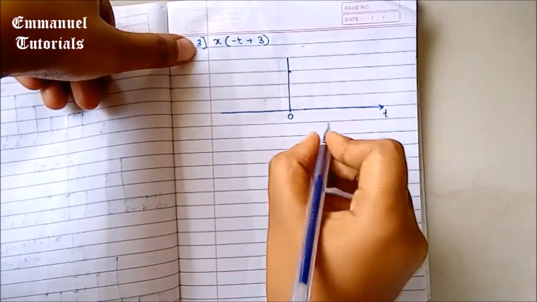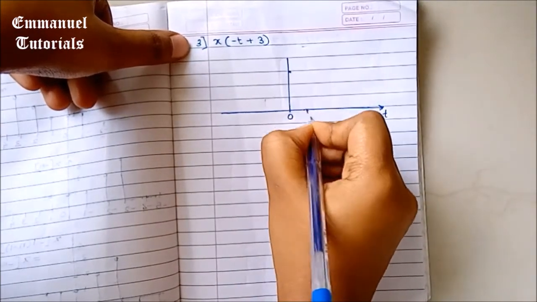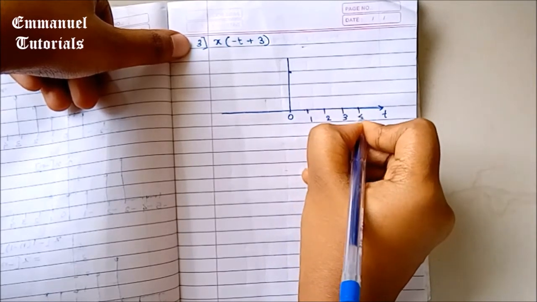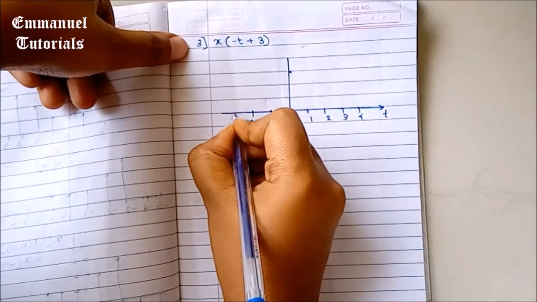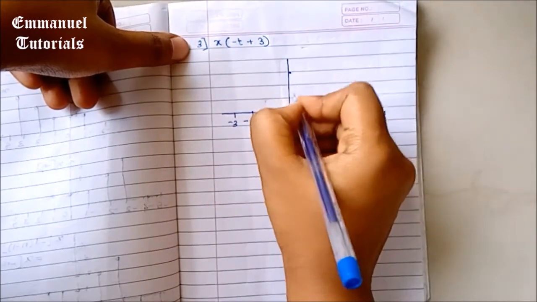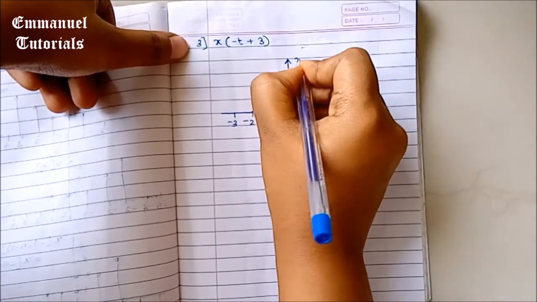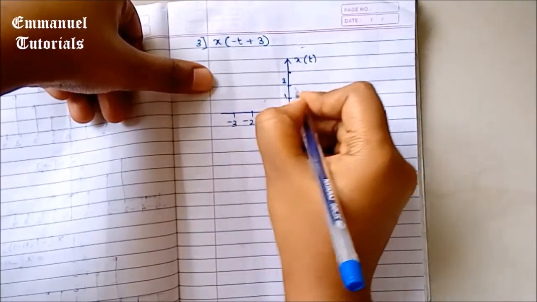Now the axis here will be the time axis or t axis. This is the original x of t.